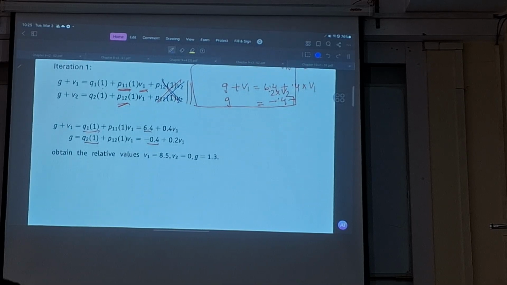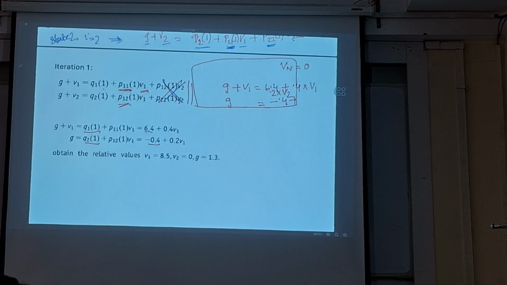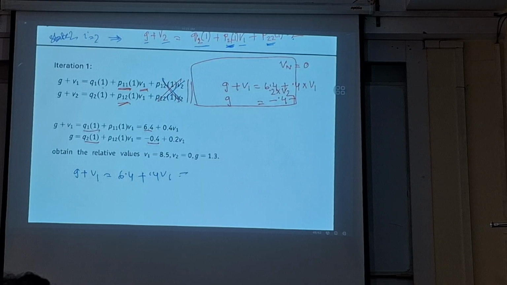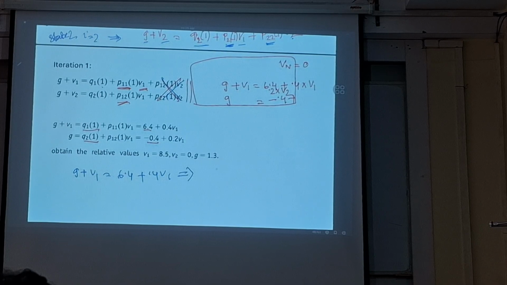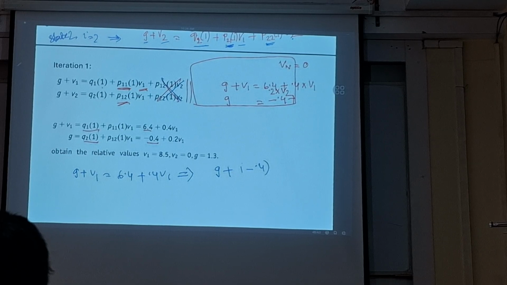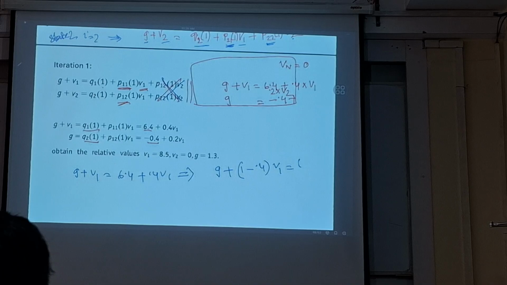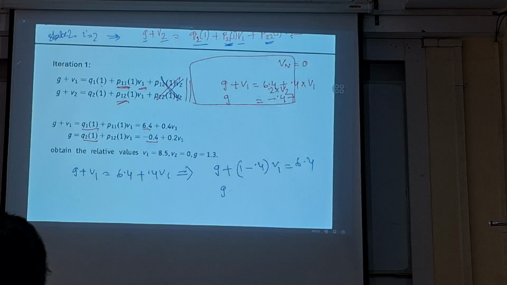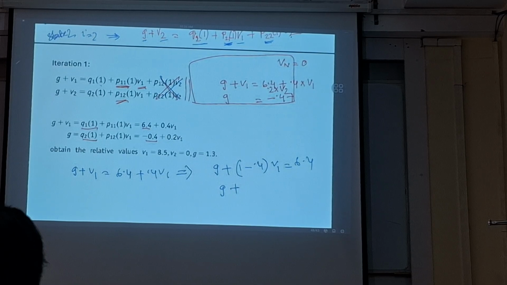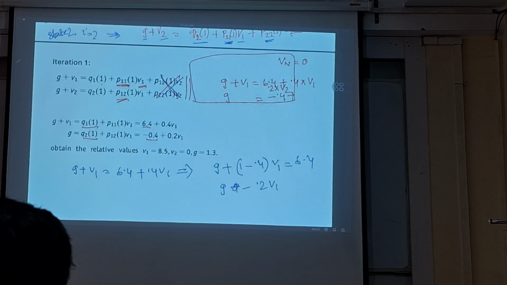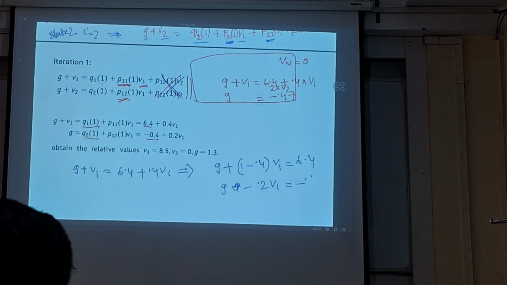Once this is gone, then the equations actually become this one. g plus d1 equal to 6.4 plus 0.4 d1, which we can write as g plus 1 minus 0.4 d1 equal to 6.4, and the second one is g minus 0.2 d1 equal to minus 0.4.